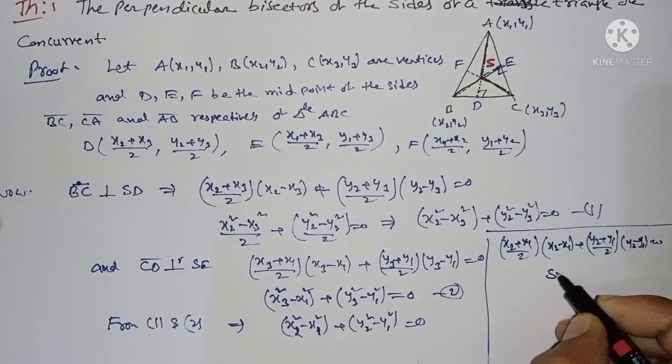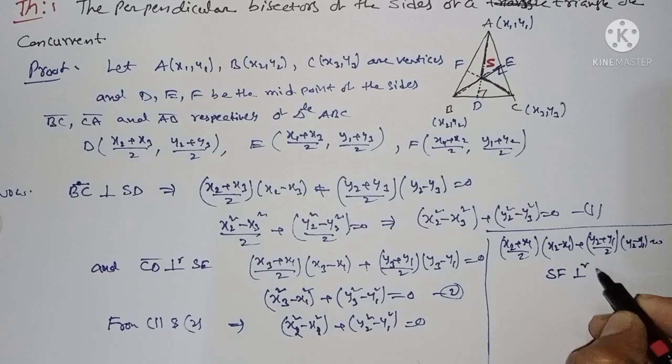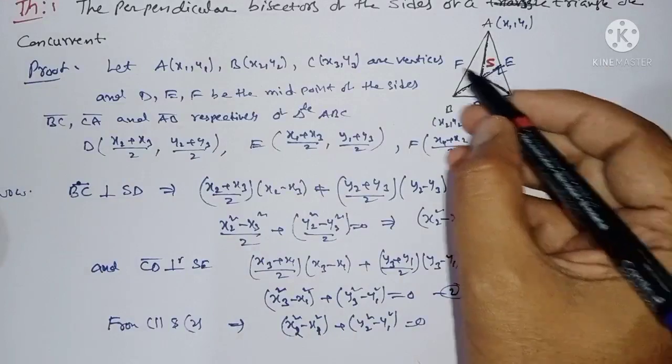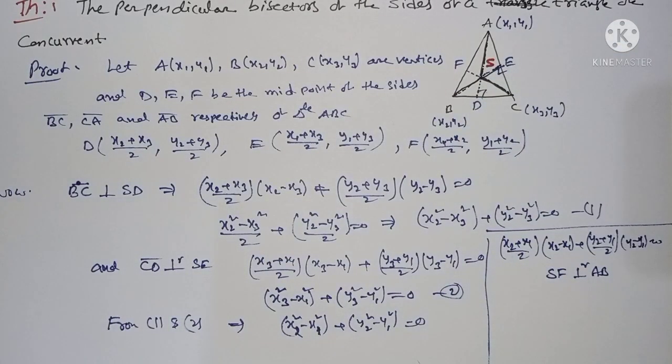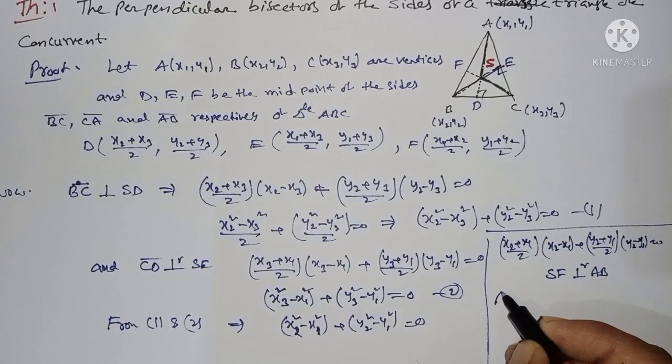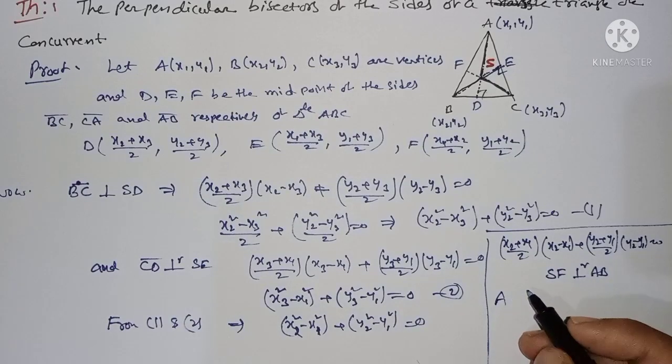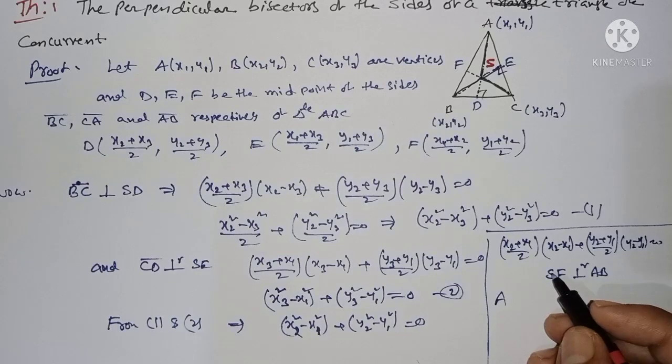Therefore SF is perpendicular to AB. Therefore, the perpendicular bisectors of the sides are concurrent.